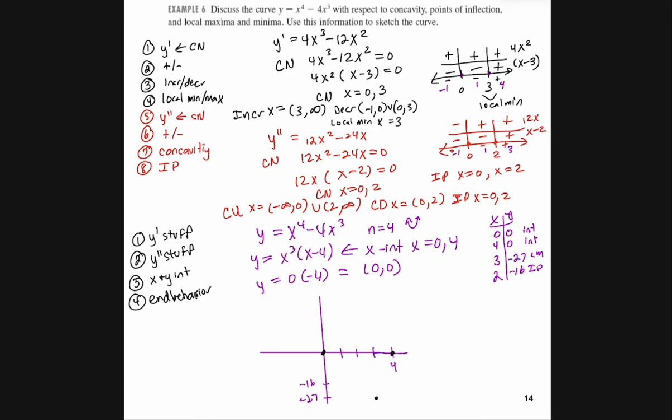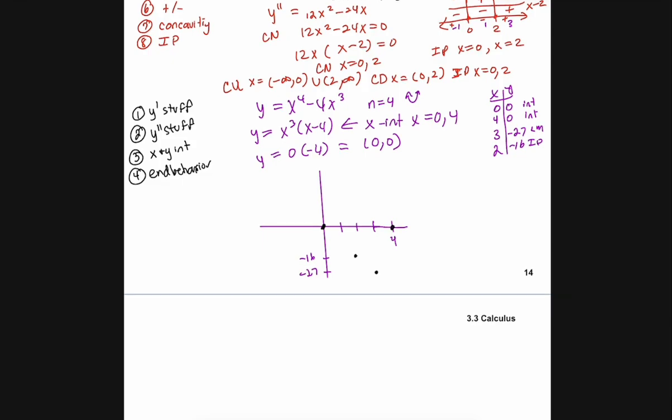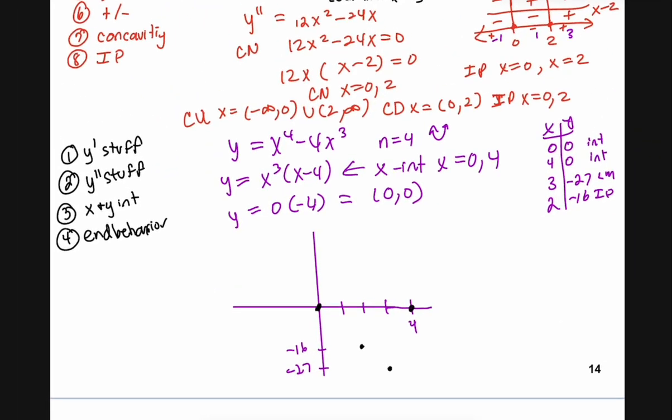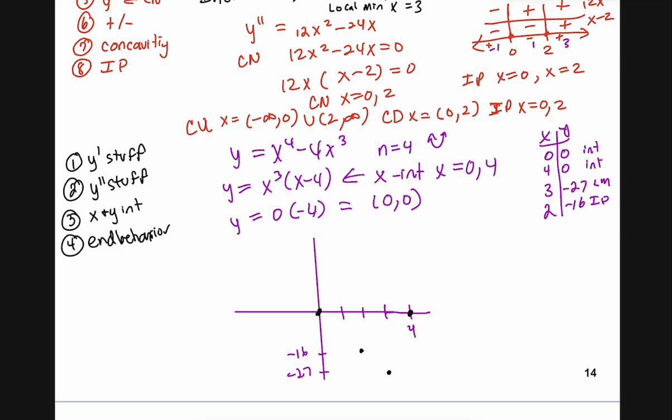At 2, we have a change in concavity. At 0, we had a change in concavity. At 2, we are at negative 16. Okay. So we know the left end and right end goes up, and we know that it's concave up here. So our cup is up. So let's put that piece on.